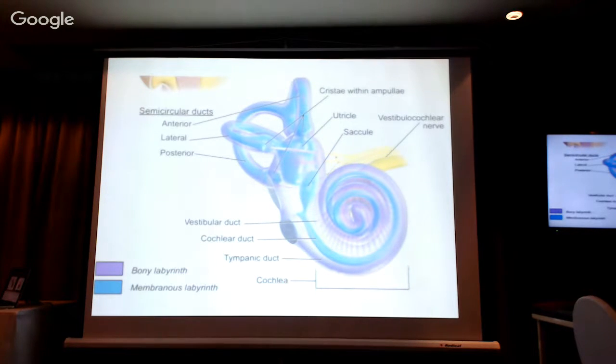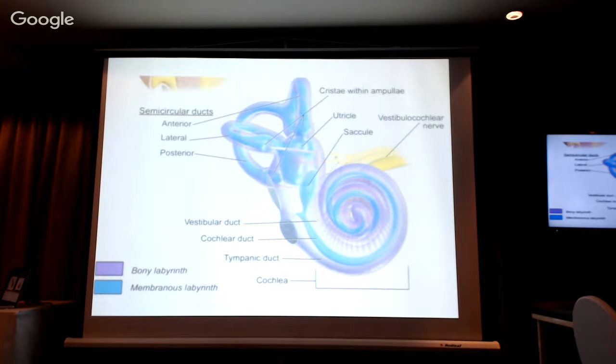Within the ampulla, there is an organ called the cristae. The cristae is a specialized hair cell collection. It is sensitive to fluid movements within the inner ear, and therefore you get angular acceleration information from the cristae. When the head moves, the body moves in angles, with the angular movements sensed by the cristae.